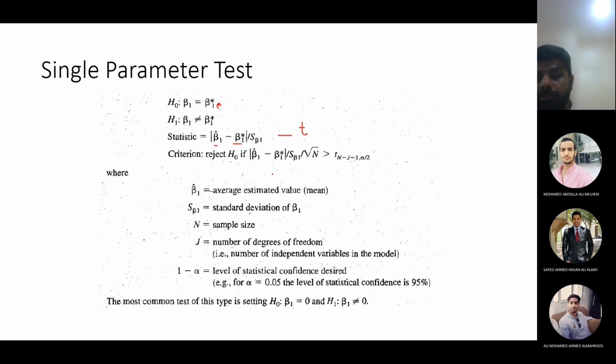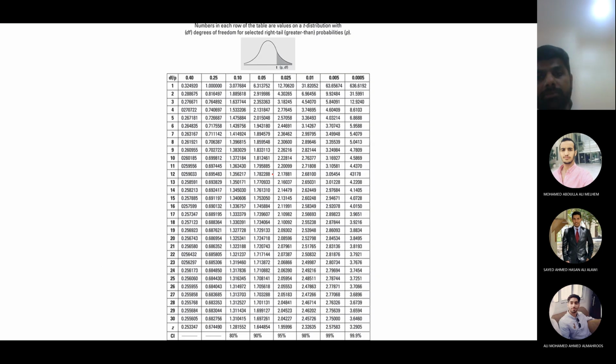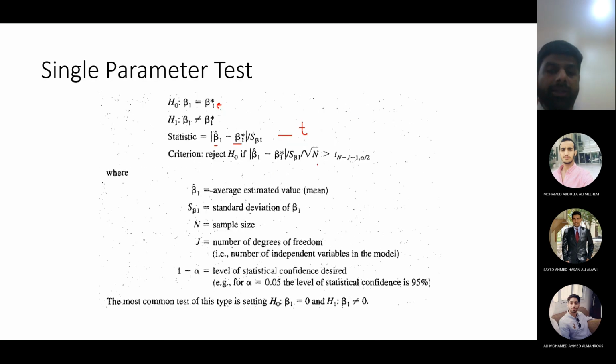Then I have a T table. I will show it to you later on. So the criteria is, if you calculate this, and then you go to the table and get the T value from the table, and the value which you have calculated is more than the value of T from the table, then you will say beta 1 is not equal to beta 1 static.